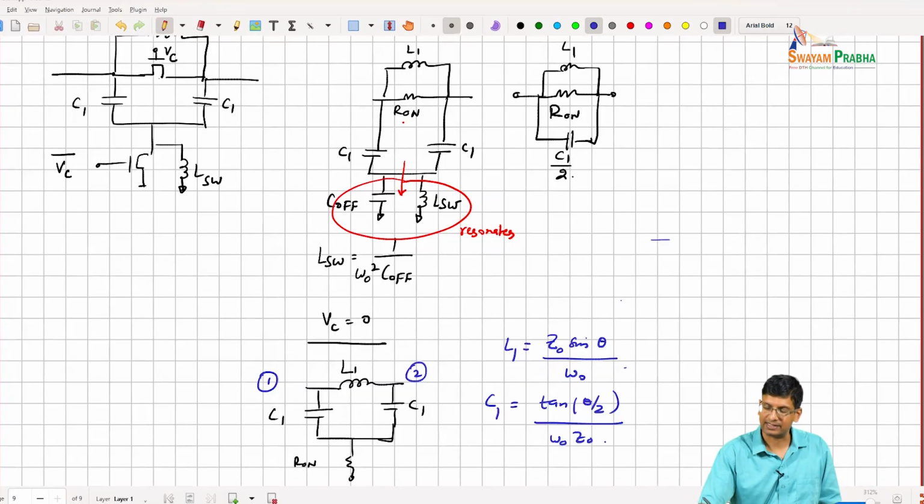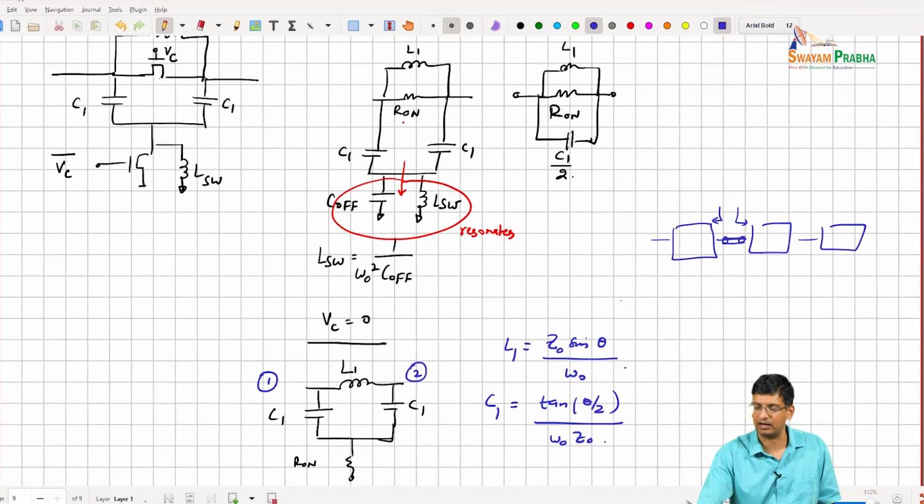So when you are cascading multiple phase shifters, every phase shifter still has an impedance Z naught, right? So you can easily wire interconnects between them, which are transmission lines of impedance Z naught, right? So that way your loading impedance and all that works out, and you're able to build a cascaded series of phase shifters by implementing such a system.